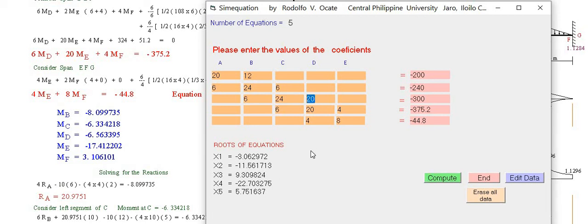Go back to 6, this is previously, I think, 6.